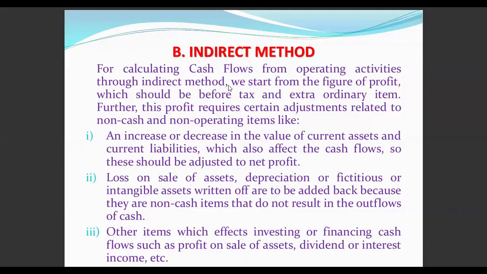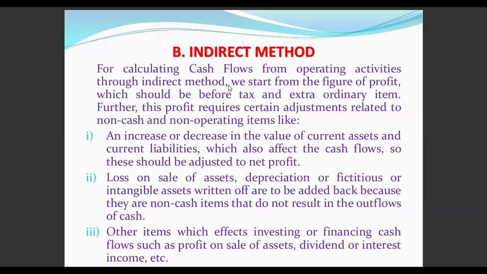In the indirect method, the profit before tax and extraordinary items are adjusted. What steps do we follow? In the indirect method, we are considering the cash flow from operating activities and non-operating activities, directly and indirectly.